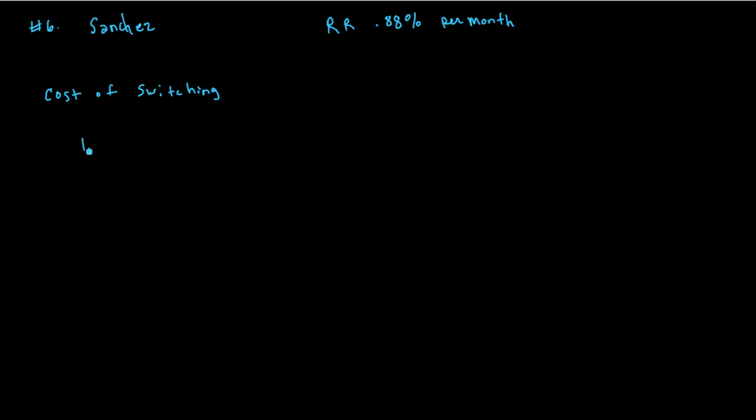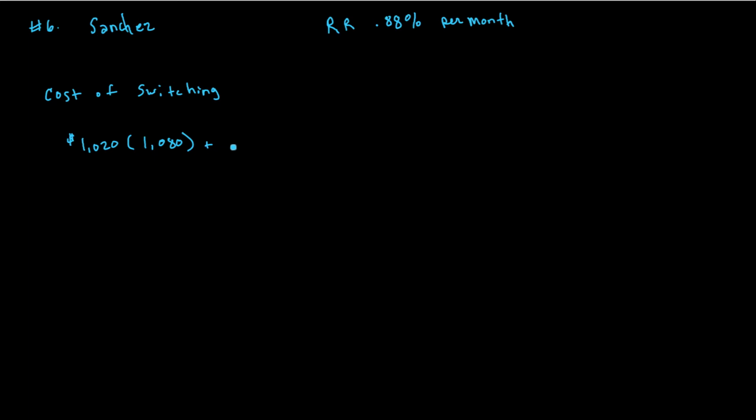Well, we take 1,020, that's our current policy price per unit, times how many units we're selling, which is 1,080. To that, we add the costs that we incur to switch.